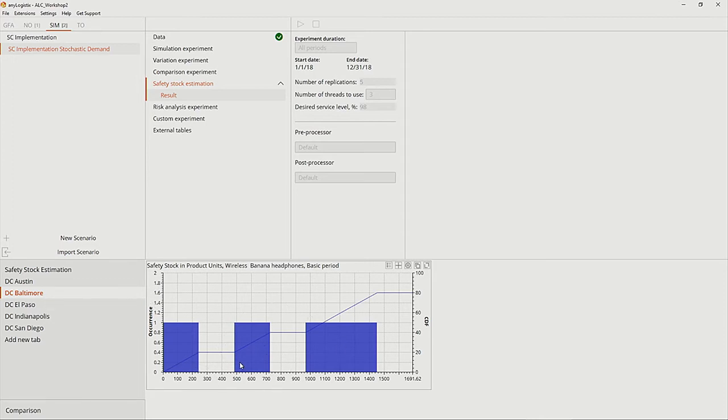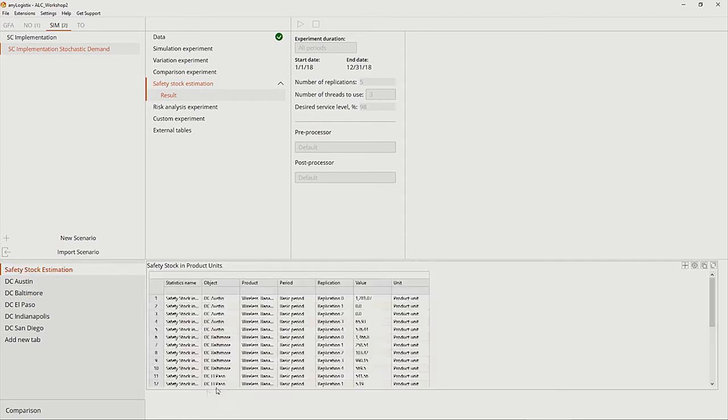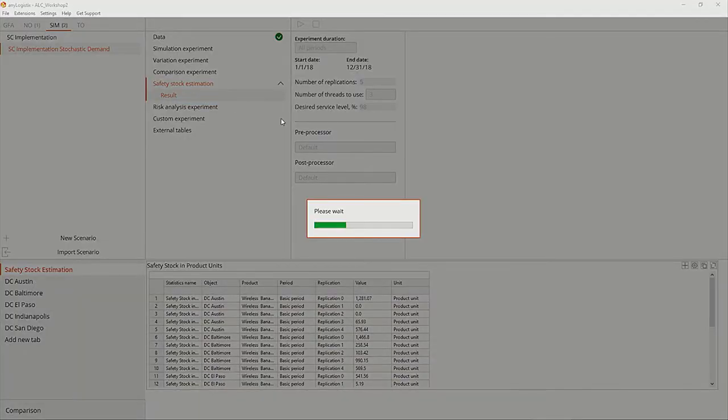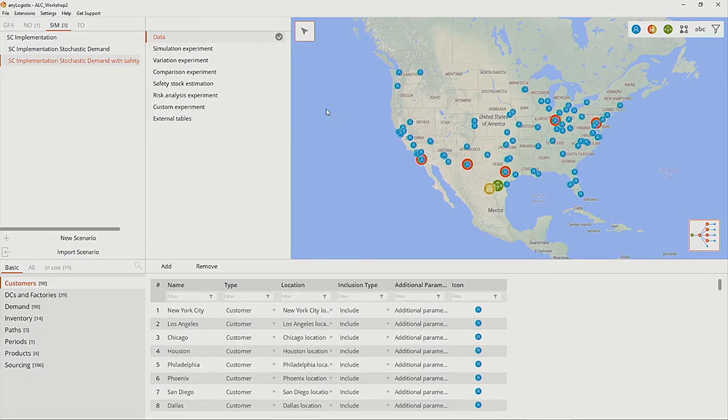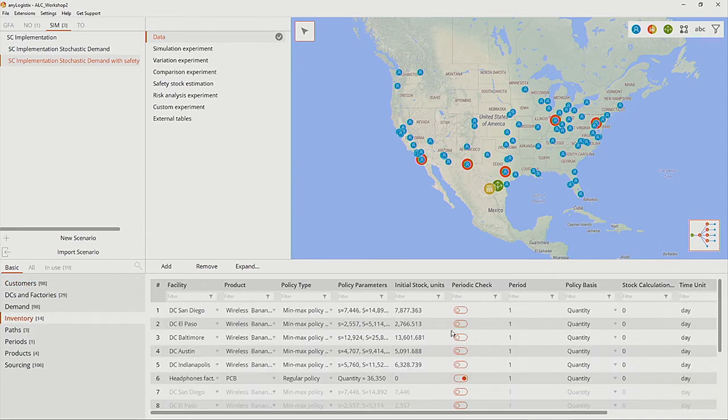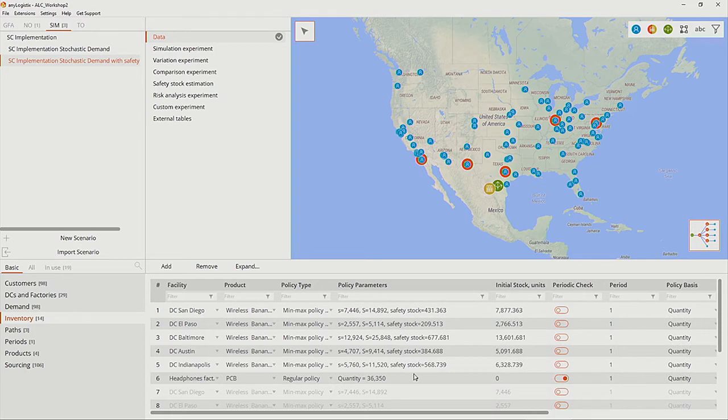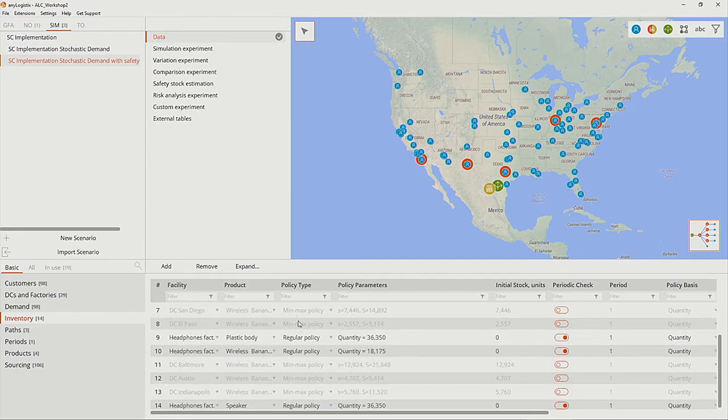So what we can do after that, we can again convert result to simulation scenario. So we get the same structure, but our inventory policies are now adjusted. So an experiment proposed safety stock values, which will be enough to support our desired service level.